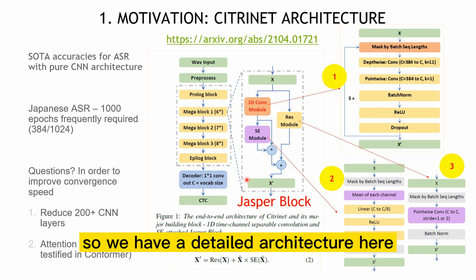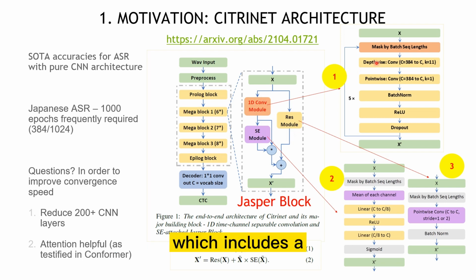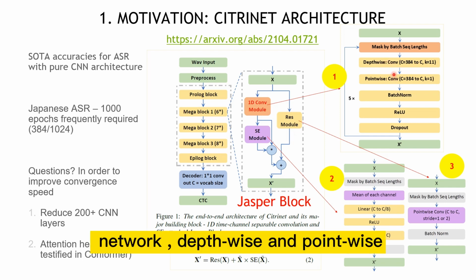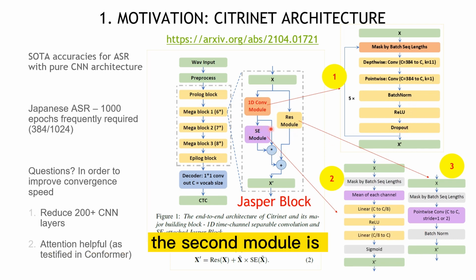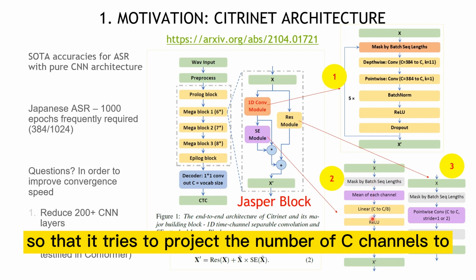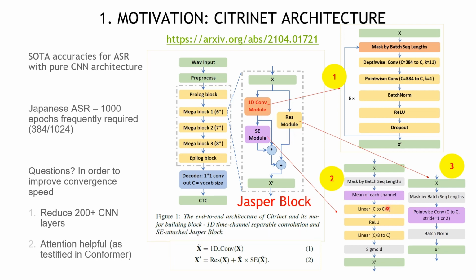So we have a detailed architecture here, which includes 3 modules. The first is a convolution module, which includes a depthwise separable convolution network, a depthwise and a pointwise, followed by a batch normalization and dropout. The second module is an SE module, which is a squeeze and excite model, so that it tries to project the number of channels C to C divided by 8. So it's a squeeze process.